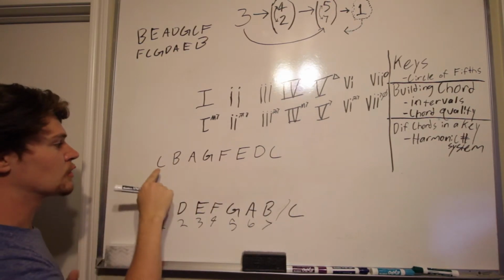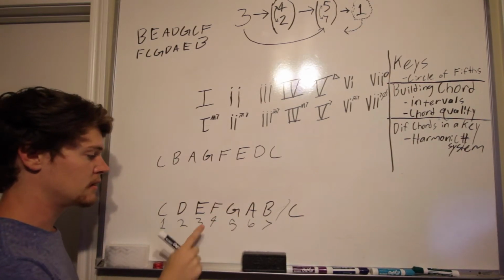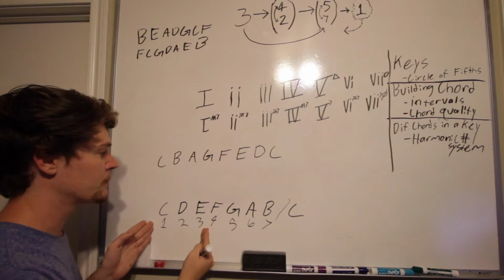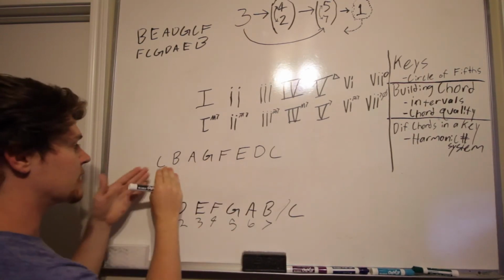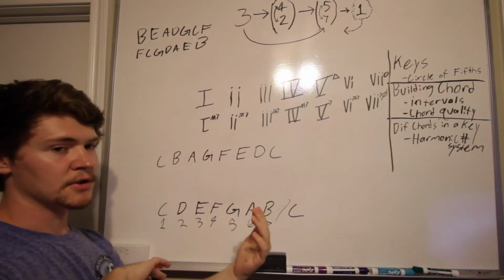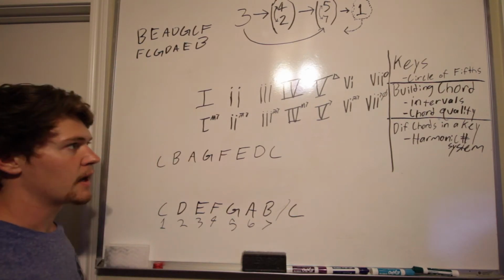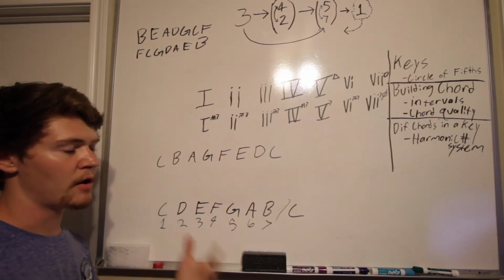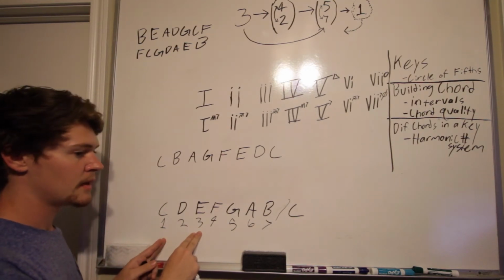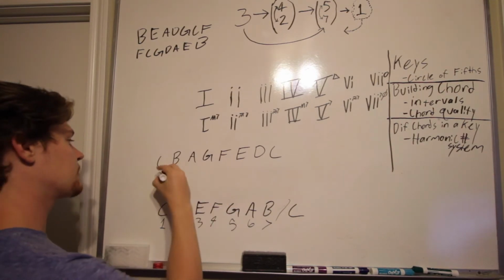So 1, 2, 3, 4, 5, 6. A typical major third in a major scale flipped around becomes a minor sixth. So if you flip it around, it changes the major minor quality of the interval. And it also kind of wraps around the number 9.